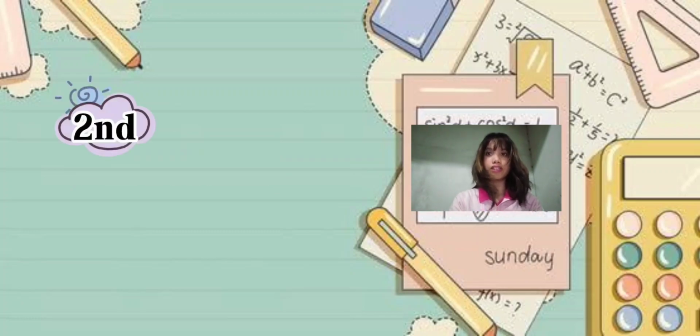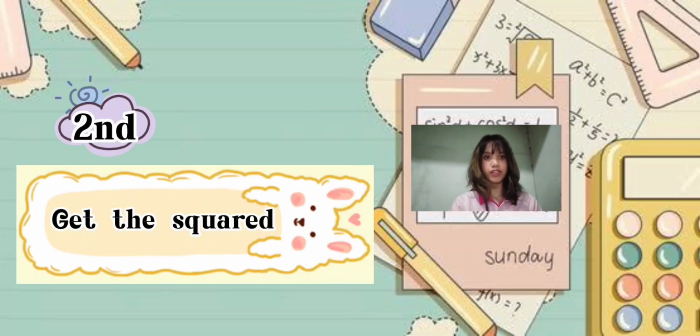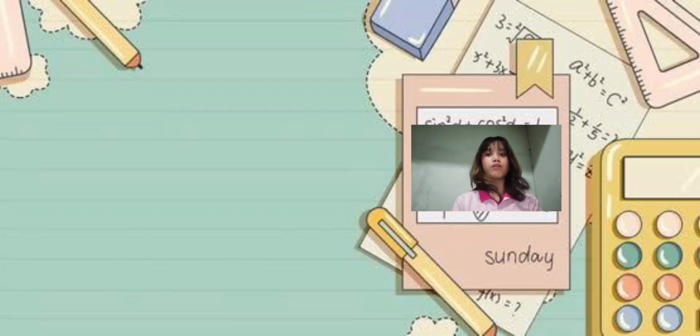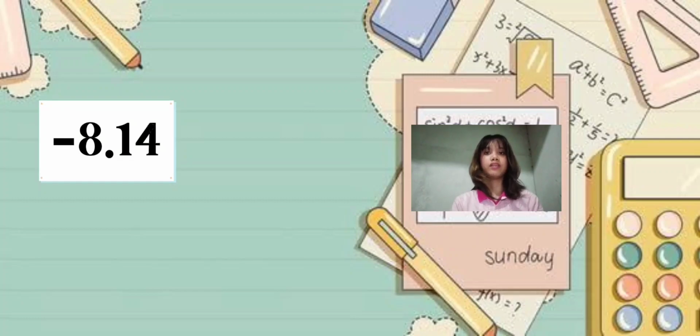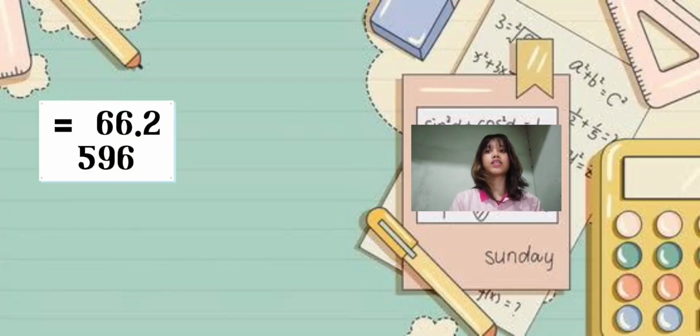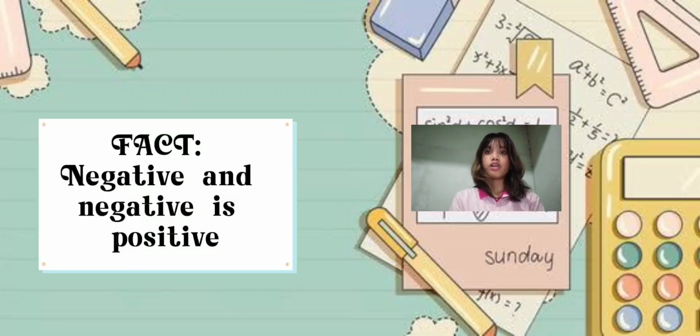For our second step, we get the squares. Let's start with negative 8.14. Negative 8.14 squared is equal to 66.2596. You may wonder why, when we square these, the answers are positive. Here is a fun fact: a negative times a negative always results in a positive.